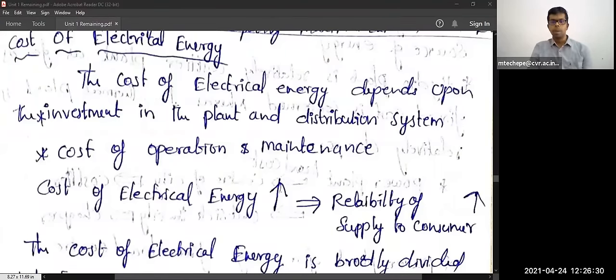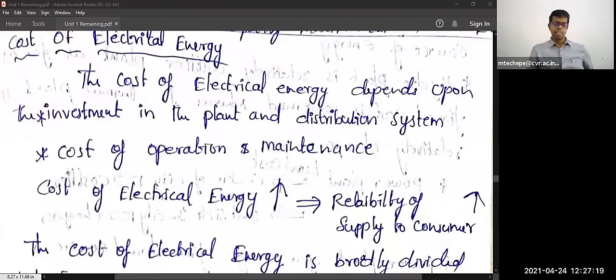So what we will expect as domestic consumers is reliability. Reliability means they have to provide for us 24/7, 24 by 365 days. We will not allow the power suppliers to cut the power even for 1 minute.